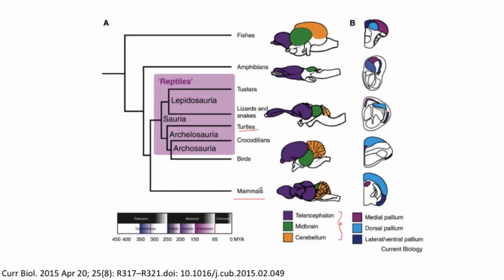So it's not that only mammals have a telencephalon. The same is also present in birds, in turtles, in amphibians and in fishes. And the same thing is true for the midbrain and the cerebellum. The only thing is that the proportion of each one of them is quite different from species to species. So that is something we have to be very careful about when we look into it.